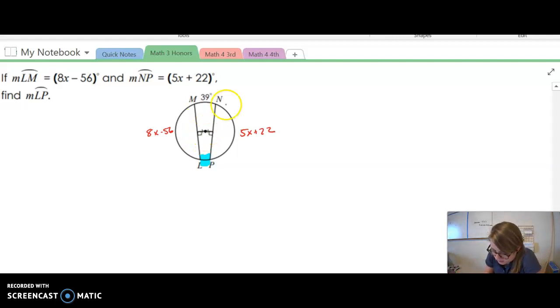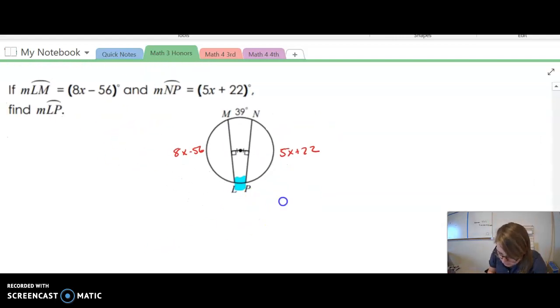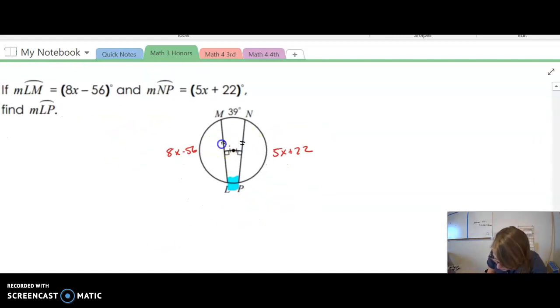So if you notice, very small marks are on these little segments. Well, if those segments are an equal distance away from those chords, then we can automatically say the chords are equal or congruent to each other as well. So if we have congruent chords, as I've been saying, then the arcs are congruent. So we can say 8x minus 56 equals 5x plus 22.